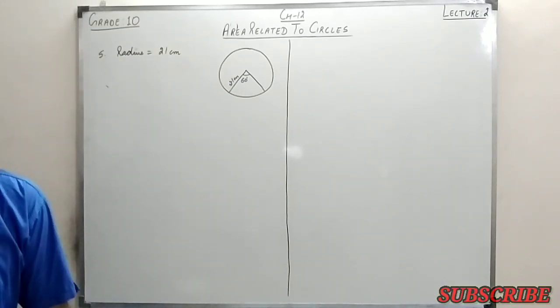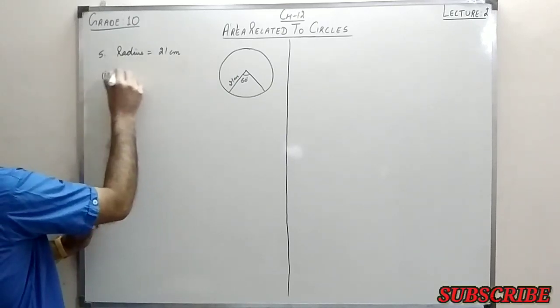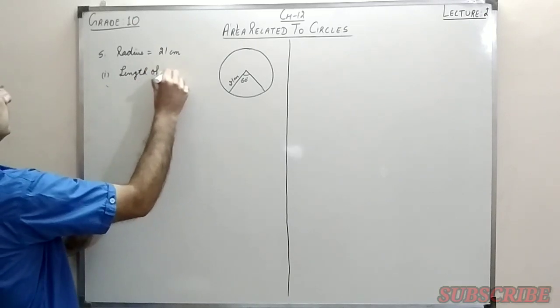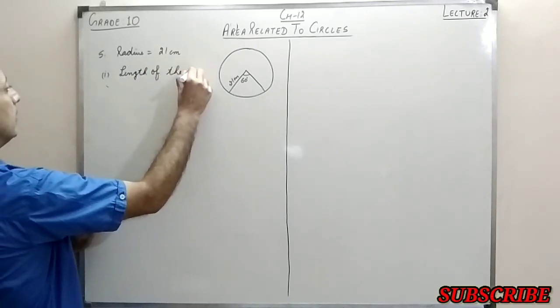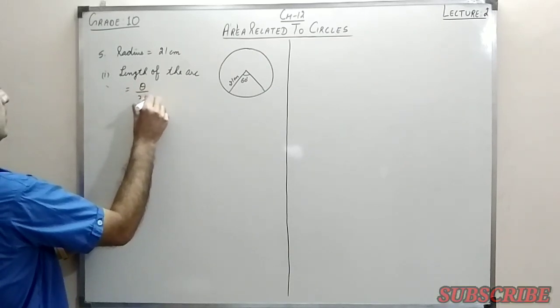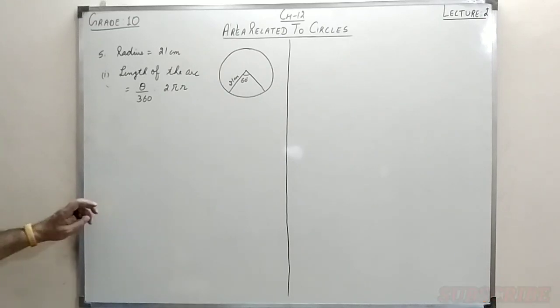Now let's see what we have to find here. The first part, I have to find length of the arc. Now we have the formula, length of the arc equals to theta upon 360 into 2 pi r. Right, we just substitute the values.